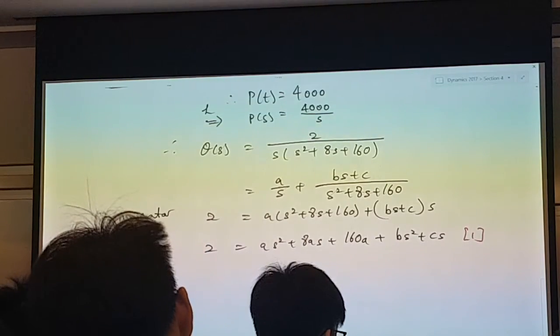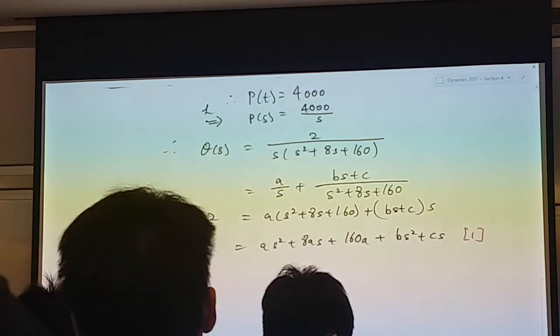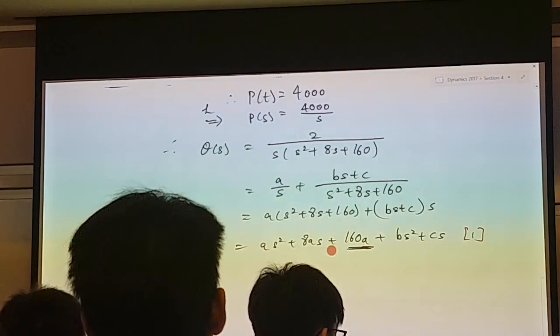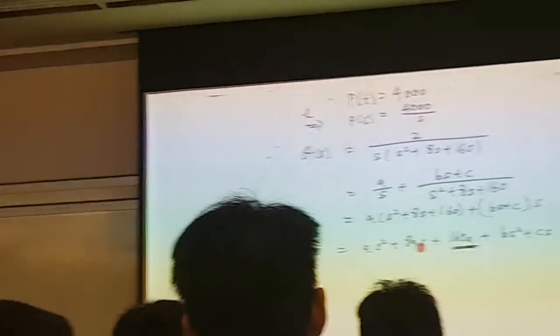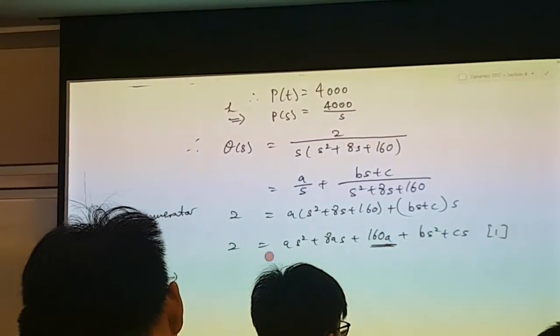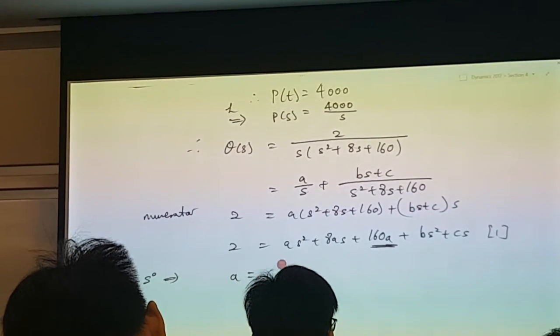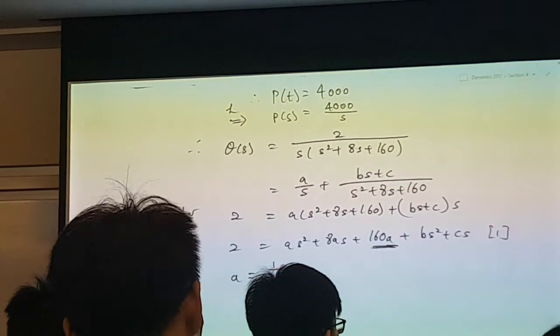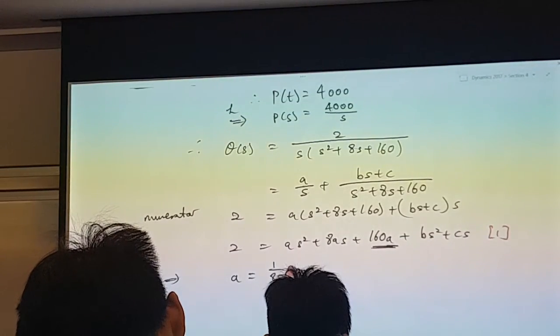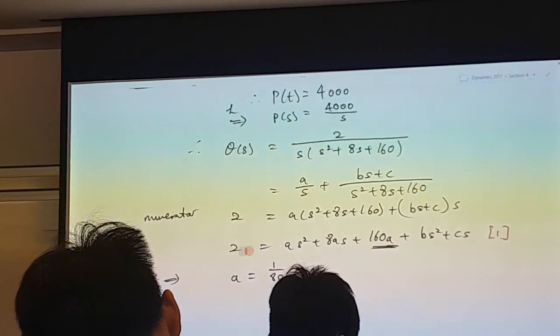The coefficient of s to the power of 0, that means a constant. There's only one constant here. So that means A is equal to 1 over 80. Yeah, 1 over 80.